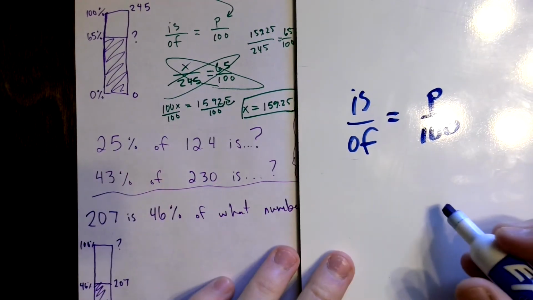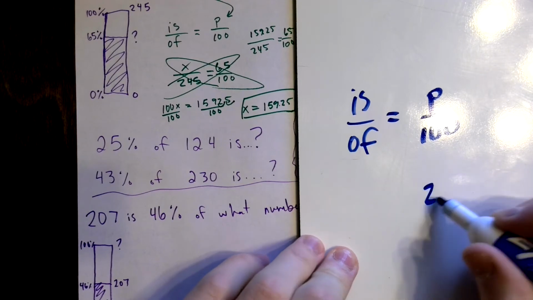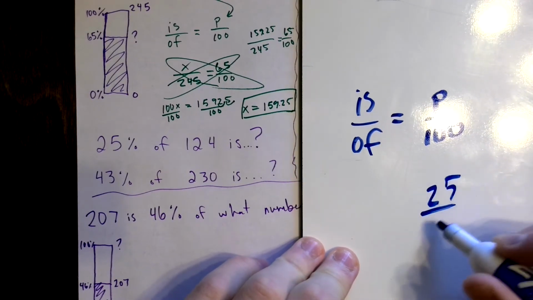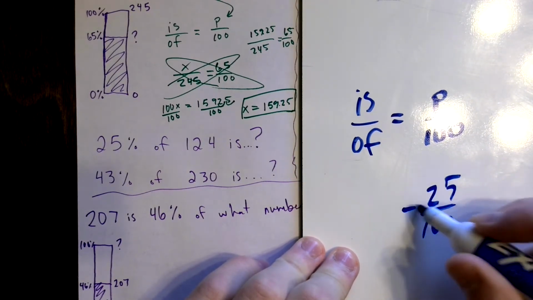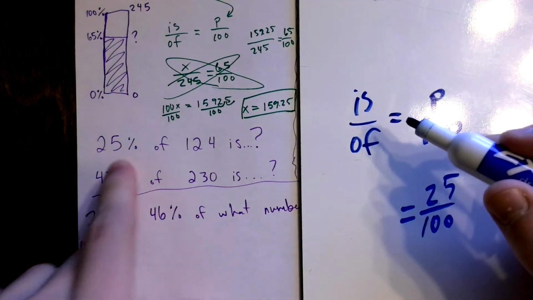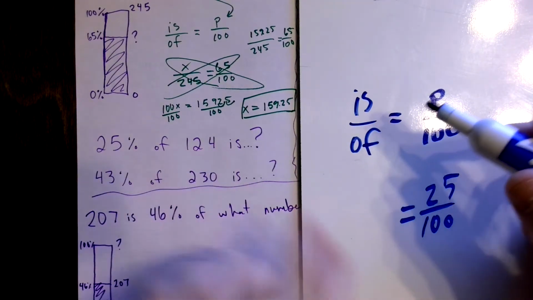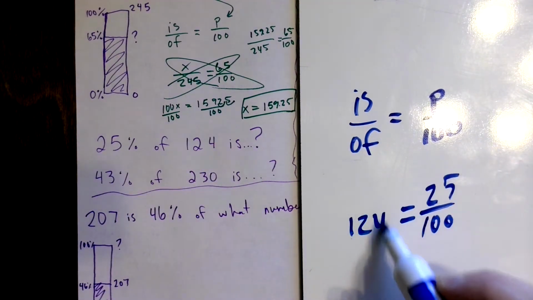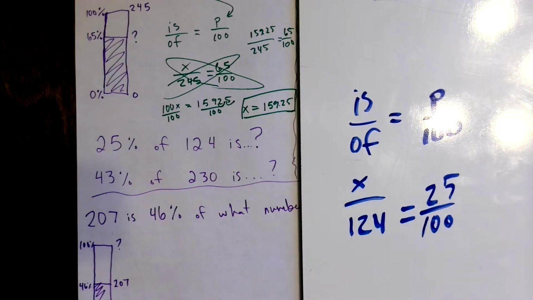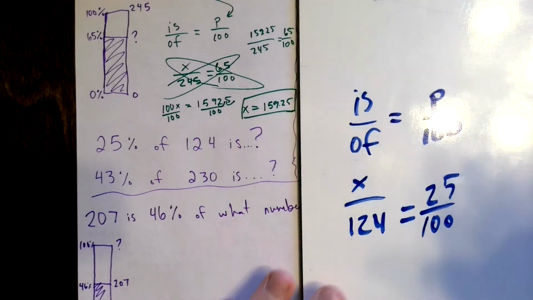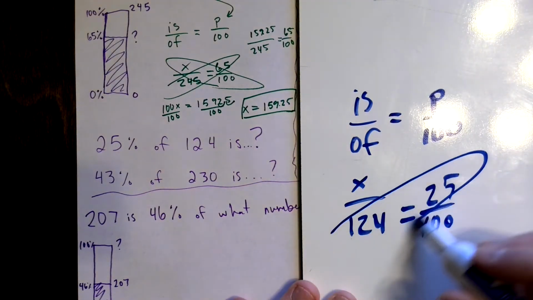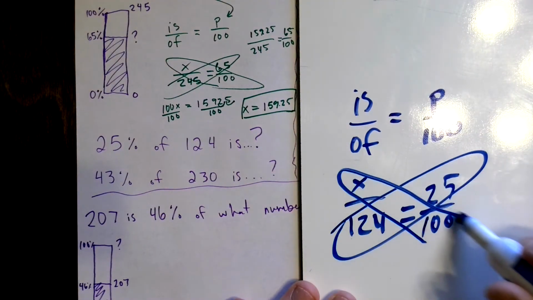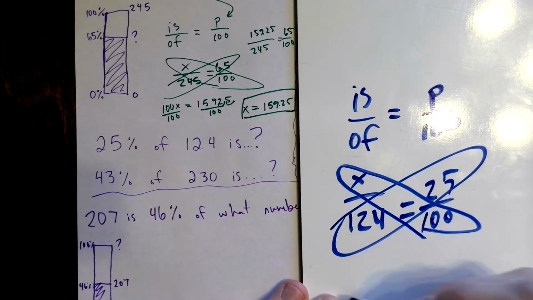And they told us a few things. They told us our percent, so I'm going to plug that in right now and go with 25 over 100 on this side. And over here, they told us our of is 124. We don't know our is, so our is is going to be our x here. And I'm going to cross multiply from here. Nice and simple.